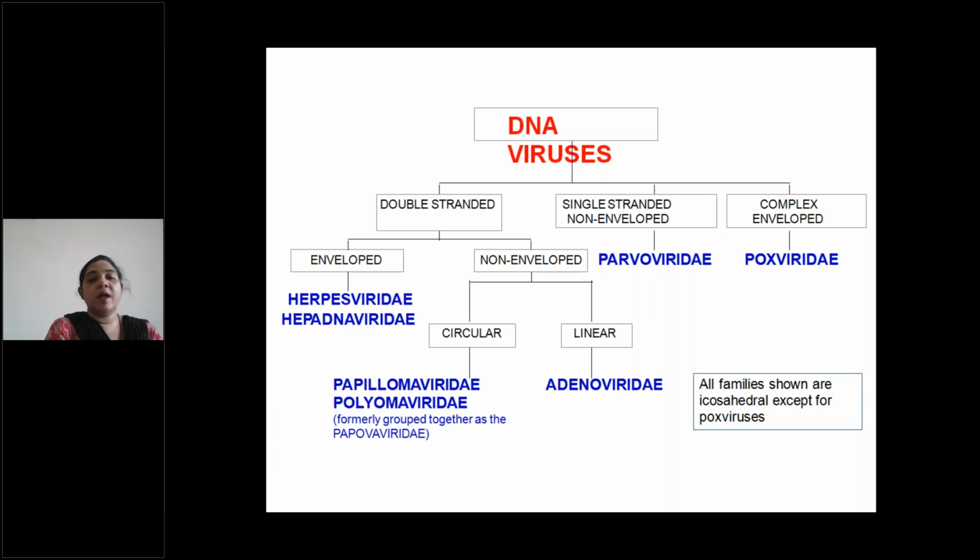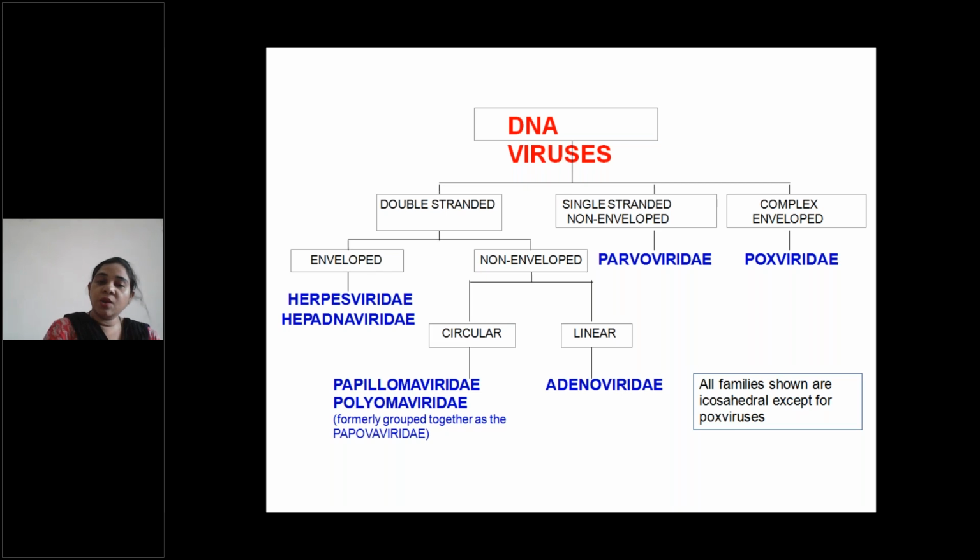So these are all classifications of DNA viruses. DNA viruses: double-stranded, single-stranded, and complex. Double-stranded, enveloped or non-enveloped. If it is enveloped, it means herpesviridae. If it is non-enveloped, how is the structure?